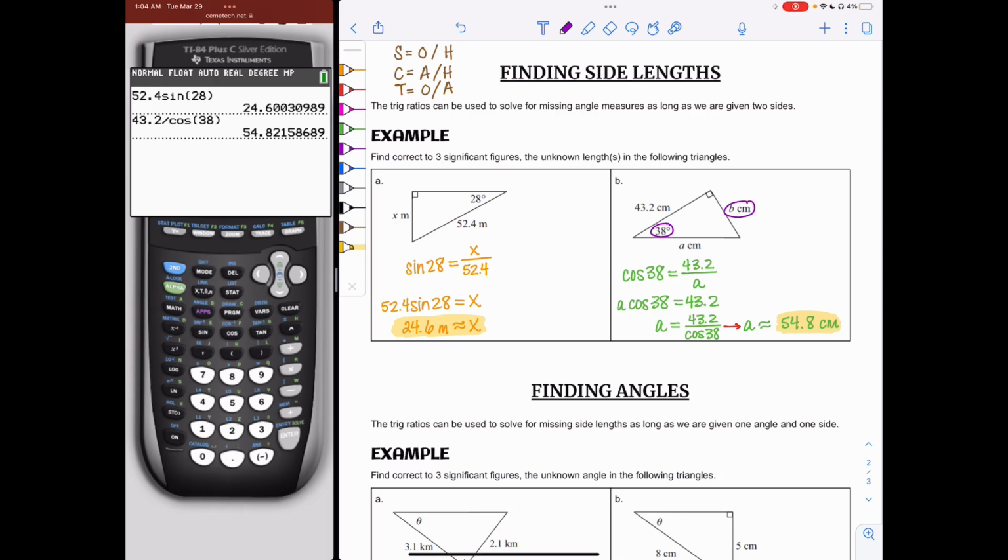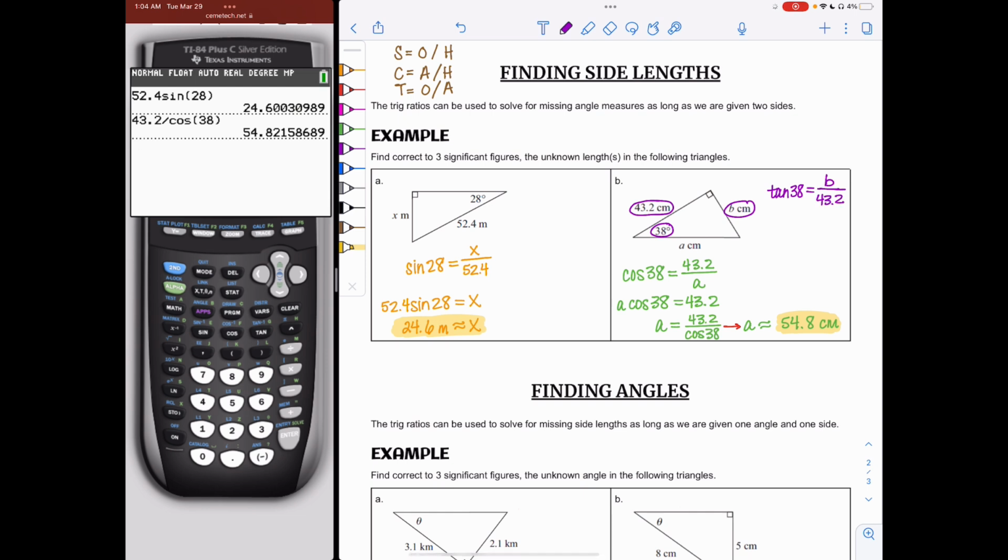And then I can use either A, which is the hypotenuse, or the adjacent, which is 43.2. What I'm going to do here is use the adjacent, because that is the exact number. Remember, we rounded A. So the tangent of 38 is equal to the opposite, which is B, over the adjacent, which is 43.2.